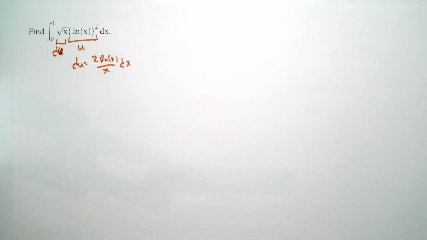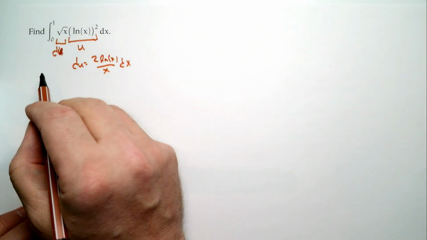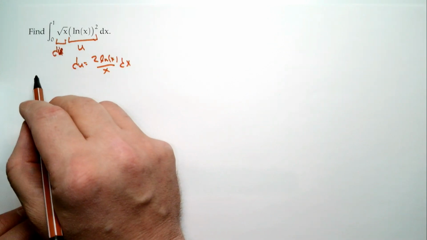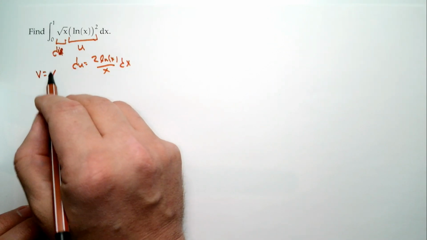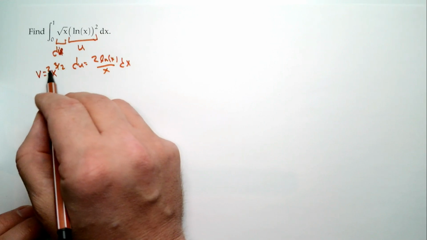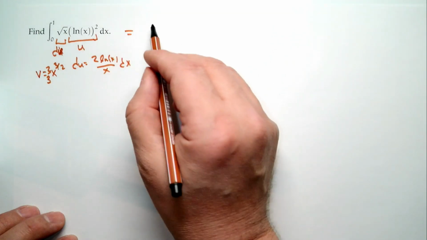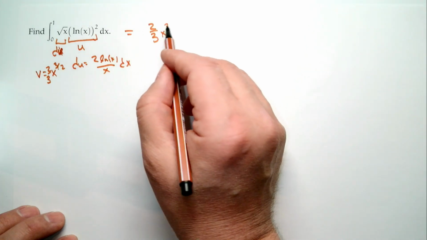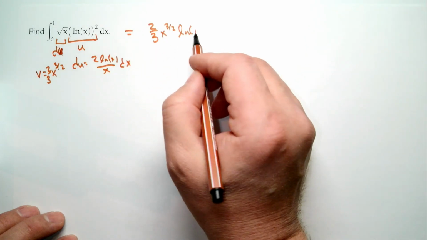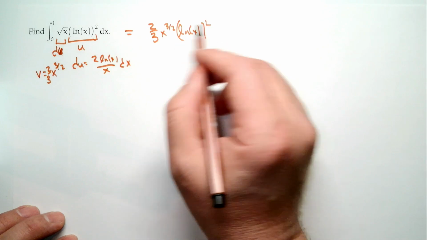The integral of square root of x, well, that's x to the 1/2. So the integral of that would be x to the 3/2, and then you multiply it by the reciprocal, 2/3. So we get uv, 2/3 x to the 3/2 natural log of x squared.